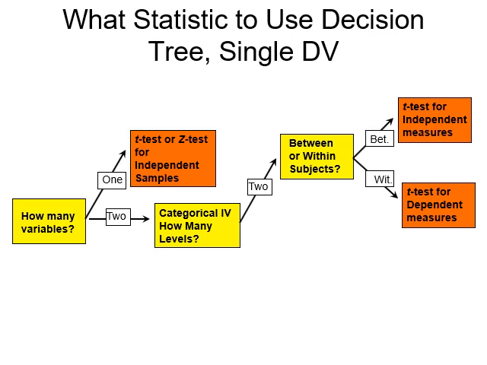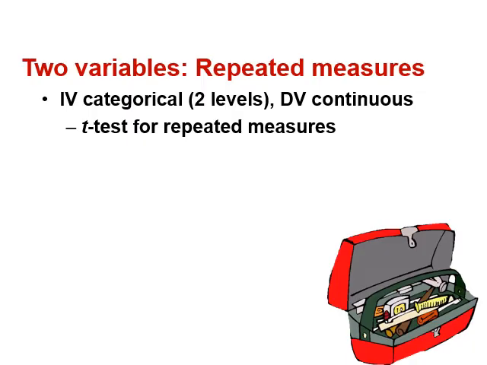So again, t-test for independent measures, the top box. Independent measures can also be referred to as a between subjects design. Within subjects design may also be referred to as a dependent measures design. Same, different terms, but it means the same thing. So again, in this case, we have repeated measures. We have an independent variable, an IV, a predictor that's categorical, two levels.